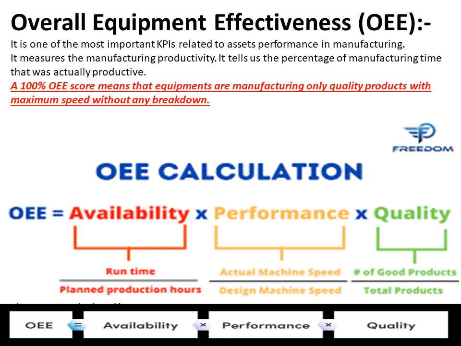The third factor is availability, where 100% means no downtime, and we calculate it as run time divided by the planned production time, multiplied by 100. Then OEE can be calculated by multiplying the quality percentage, the performance percentage, and the availability percentage.